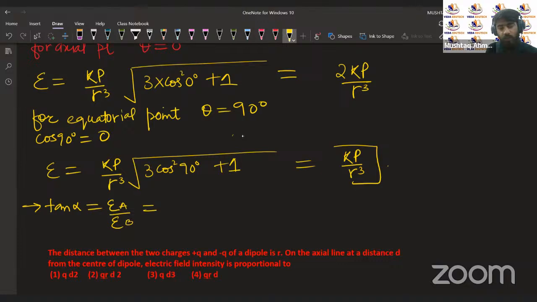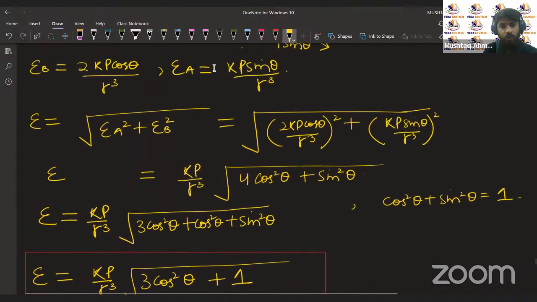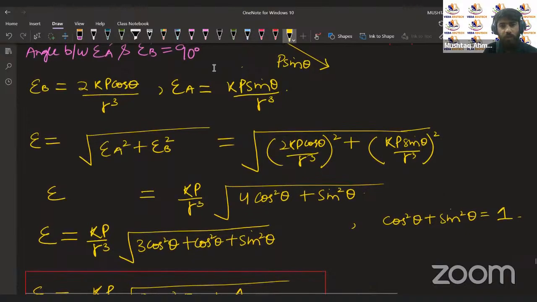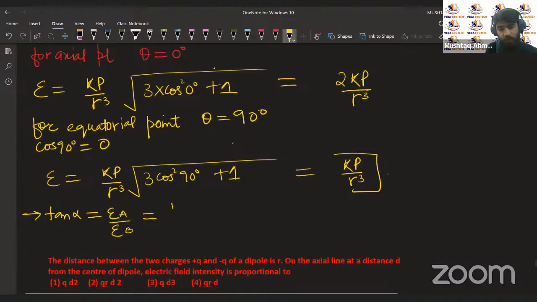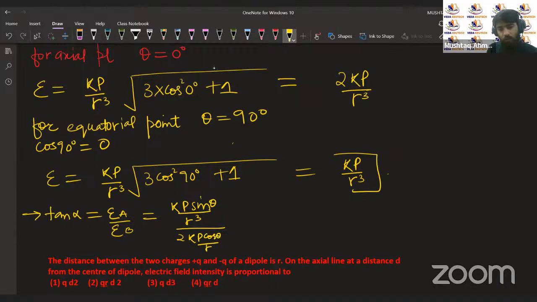And EA was equal to Kp sin theta upon R cube, right? That's Kp sin theta over R cube upon EB, that's 2 Kp cos theta over R cube, right?